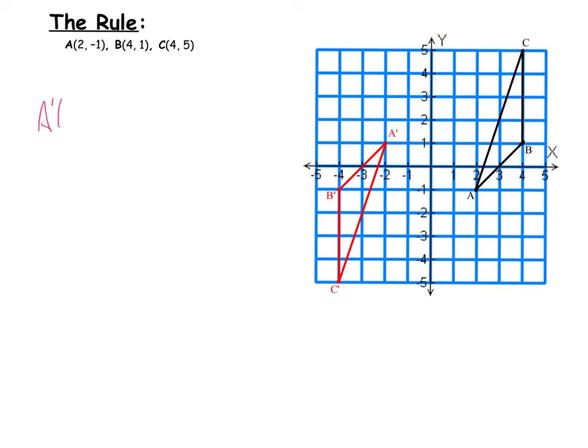There's our A. Our A now is at -2, 1. Our B prime is now at -4, -1. And our C prime is what, at -4, -5.